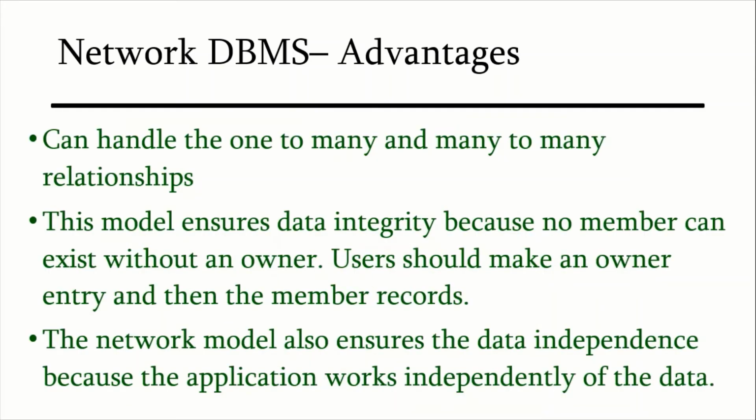Now we see the advantages of network DBMS. The greatest advantage is we can have many to many relationships, and this model ensures data integrity because a member cannot exist without an owner. The user should make an owner entry and then the member records.